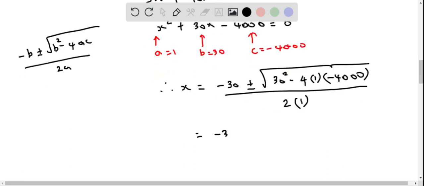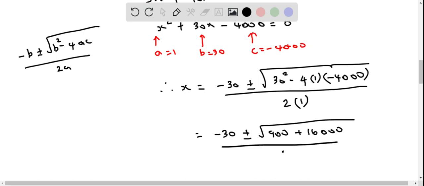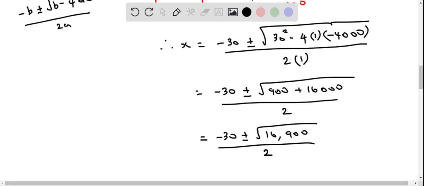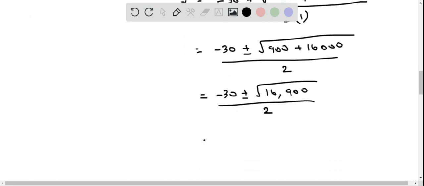So this is equal to minus 30 plus or minus square root of 30 squared, which is 900, and minus 4 times negative 4,000, that is plus 16,000. So I can put 16,000 over here, divided by 2. The next step we write down minus 30 plus or minus square root of 900 plus 16,000, which is 16,900, over 2. And this is equal to minus 30 plus or minus.